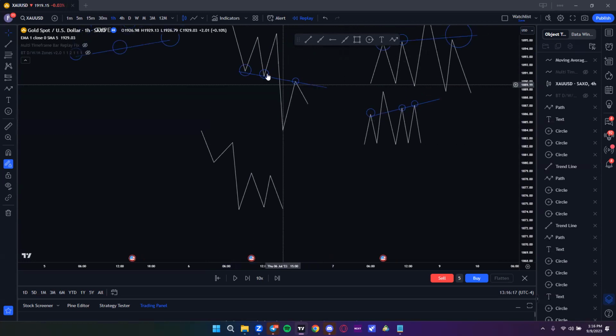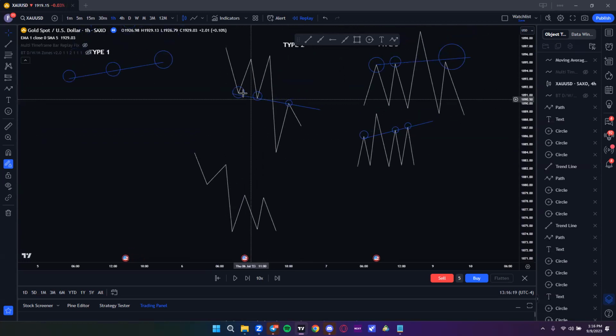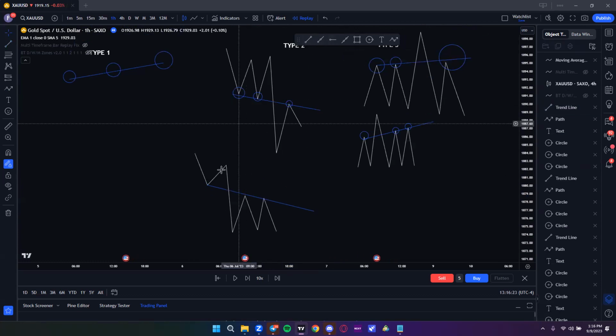It's very similar to this one, but in this one, you see that you have resistance, resistance before the breakout. So two rejections of the trend line before the breakout.